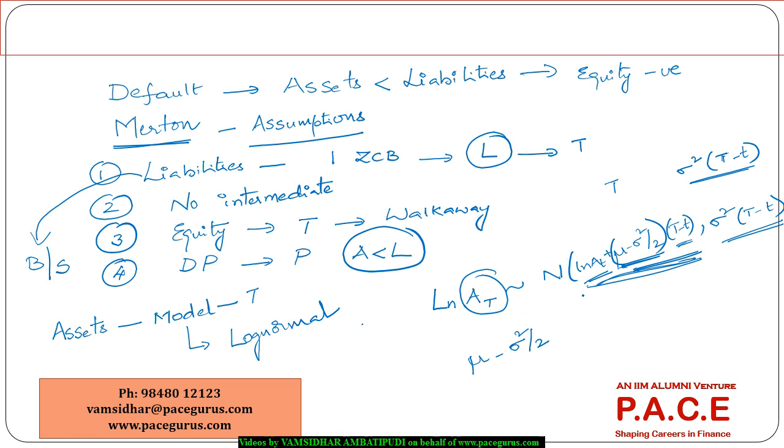Now based on this, I can compute the probability that any normal distribution value falls below a particular z value. We can use the NORM.S.DIST kind of formula in Excel, which is nothing but z minus the expected value of x divided by the standard deviation of x. So I know the expected value, I know the standard deviation.